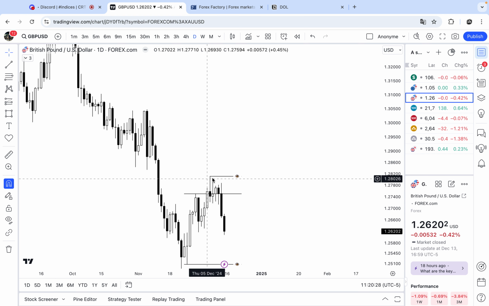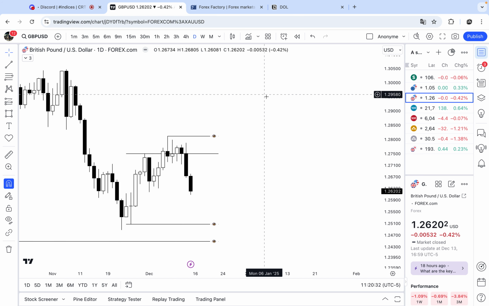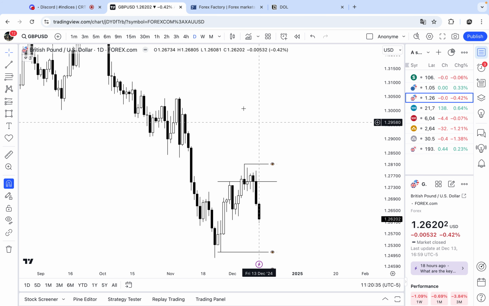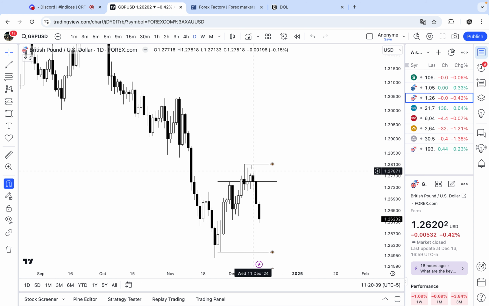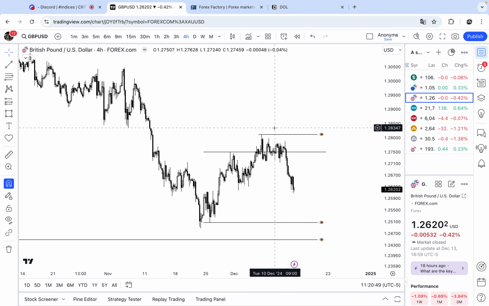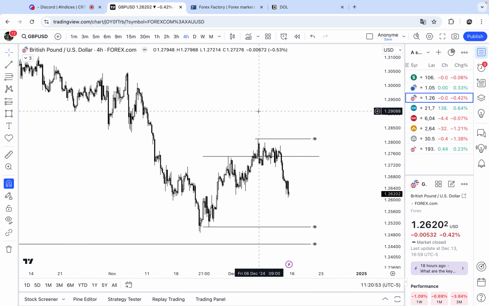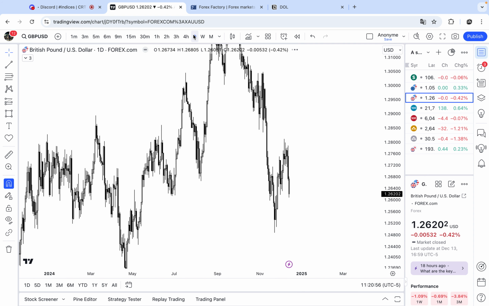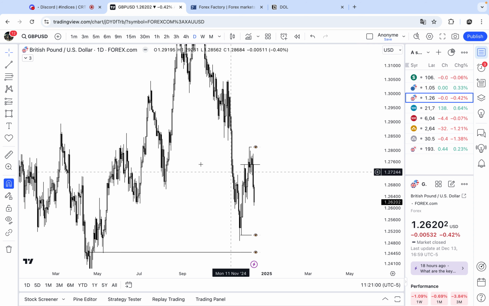So the closest one is this high. Now, since we got daily key level and weekly key level, the 4-hour market structure can be used. So on the daily, we are clearly bearish, very bearish.